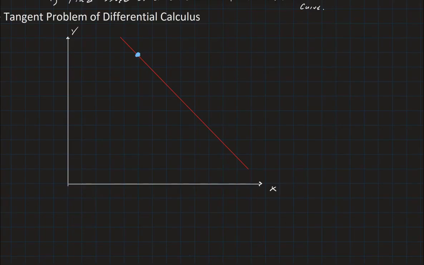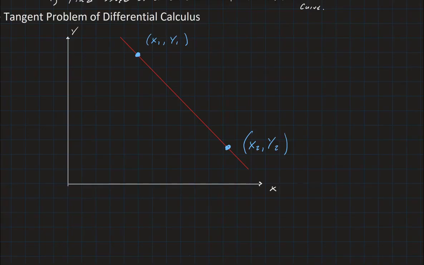We'll put a point here. We'll call this one X1, Y1, and then we'll put a point here. We'll call this one X2, Y2. So in order to find the slope of a line, I need 2 points that lie on that line.